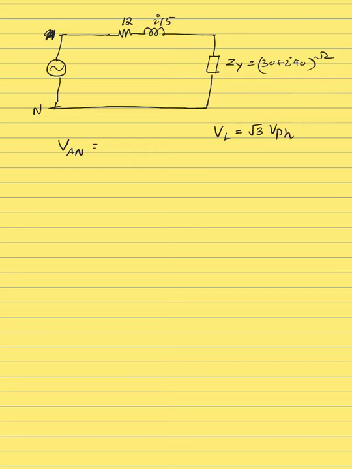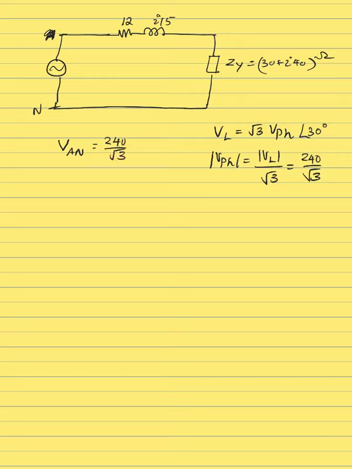But right now we're not considering that angle. We're just saying the amplitude of V phase is V line divided by root 3. V line was given as 240 volts, so we write 240 divided by root 3.